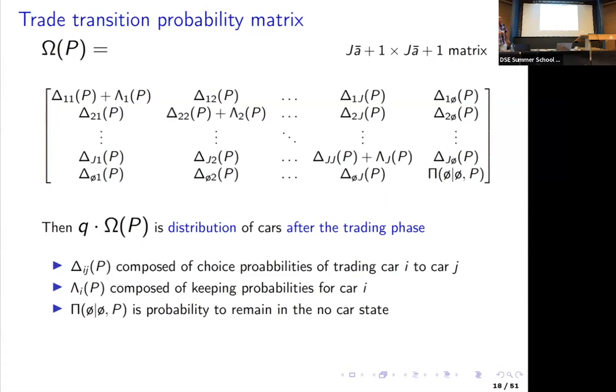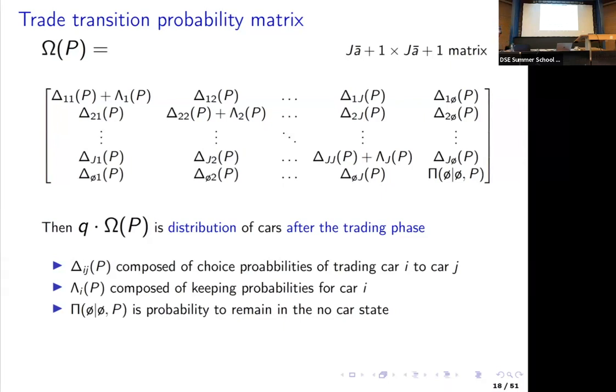And then these delta ij's are the blocks composed of the choice probabilities describing the trade of cars of type i to type j of different ages. Okay? And then you have this additional row and column in this transition probability matrix, which describes the changes of the people who don't own a car at the beginning of the period, and those who transition to not having a car.